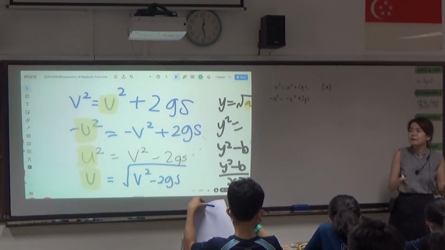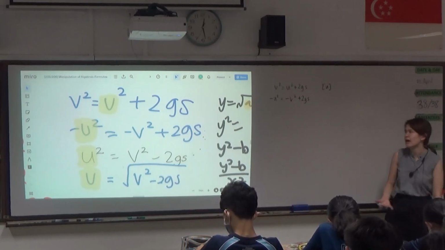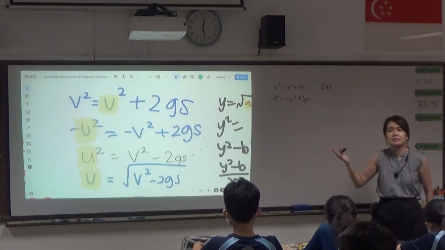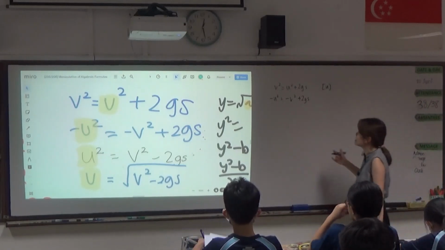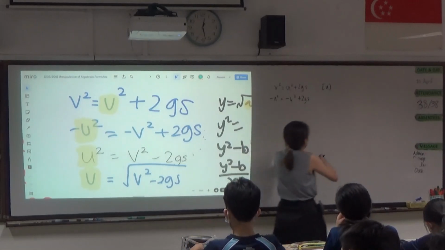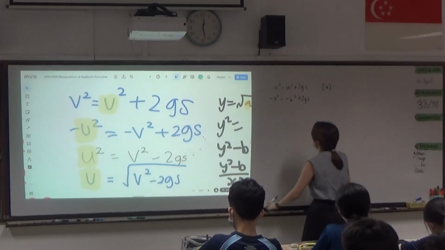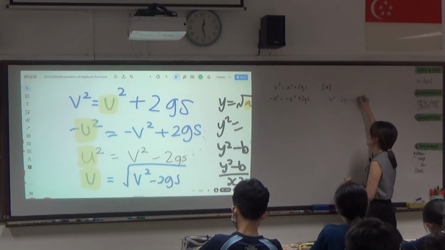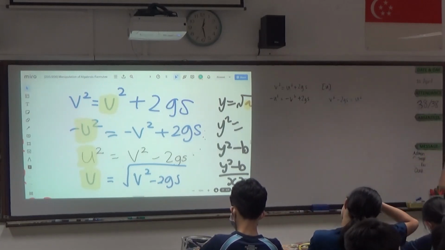Then because we want positive u squared, actually I don't know why this person decided to do this. Bring so much negativity to your life. I find it very challenging. Actually, firstly what we have done is just put the u squared on the right side and move the 2gs. Much easier, right?